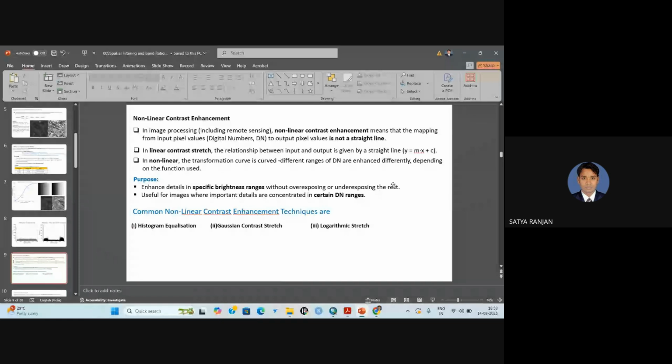The output pixel value is not a straight line or any linear way. In linear contrast, the relationship between input and output is given by a straight line, that is y equals mx plus c, a regression relationship.